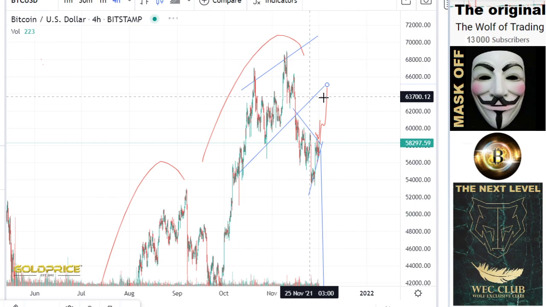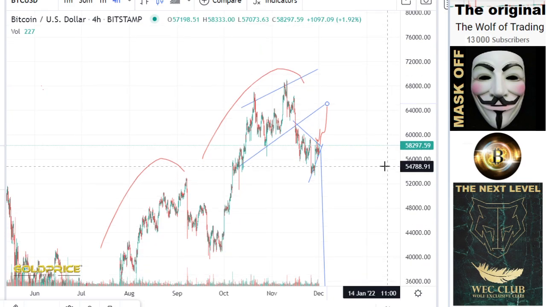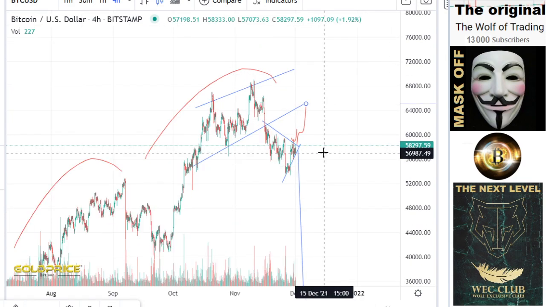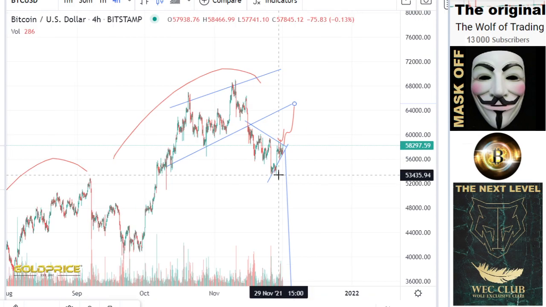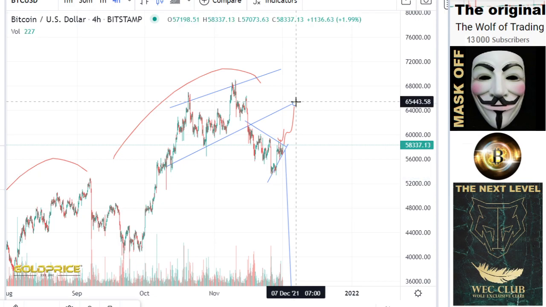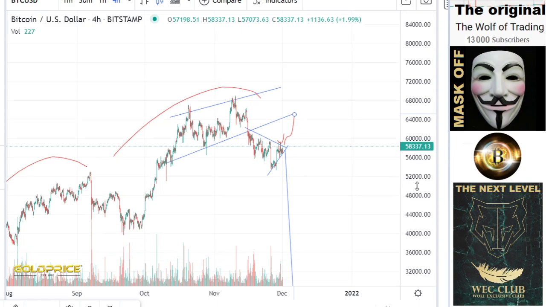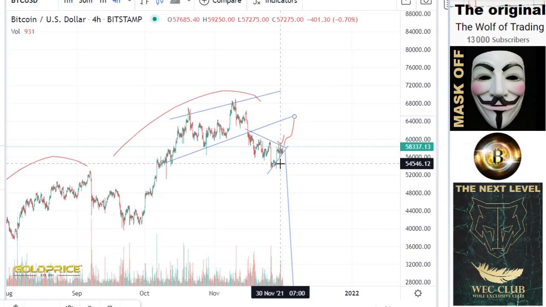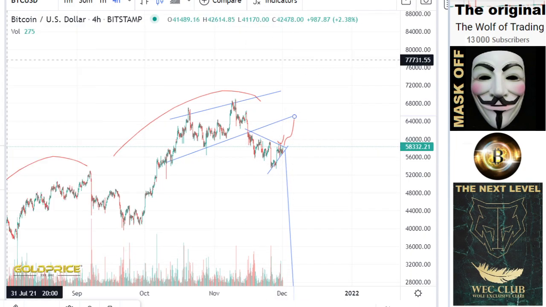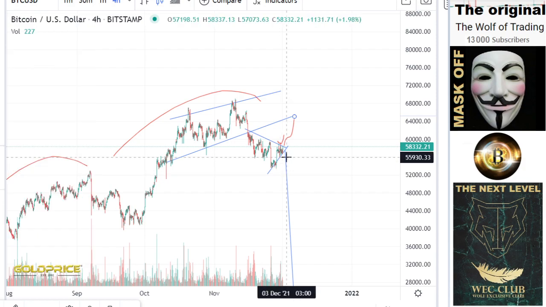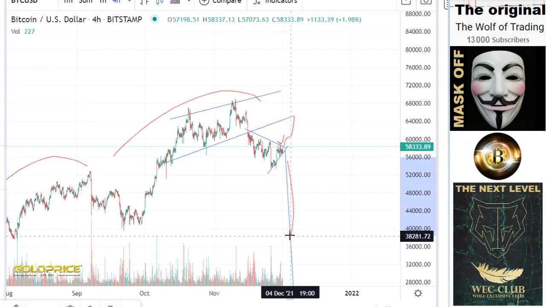What is the effect of this retest? Even worse, because if we go from 53,000 to 65,000, these are 12,000. Makes sense if this is happening here. Then we could theoretically go from here directly to 40,000.